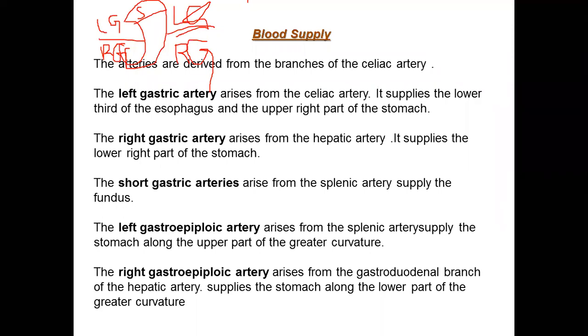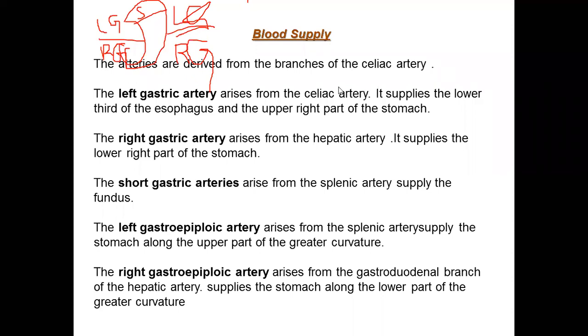Then the fundus is supplied by short gastric arteries, which are branches of the splenic artery. The left upper part of greater curvature is supplied by the left gastroepiploic artery, which is a branch of splenic artery, and the left lower part of greater curvature is supplied by the right gastroepiploic artery, which is a branch of gastroduodenal artery.